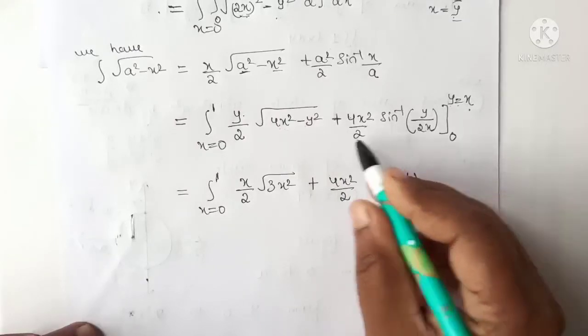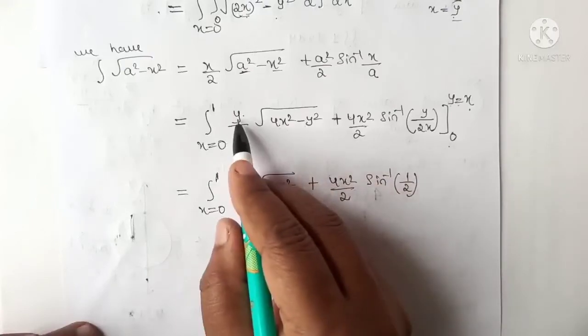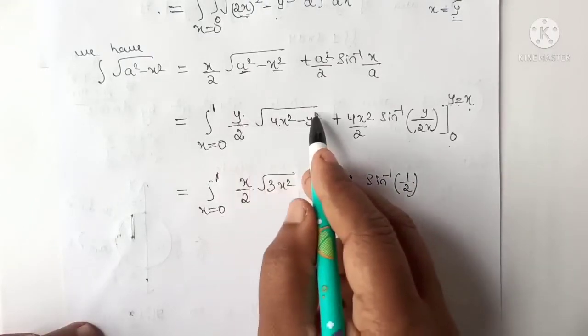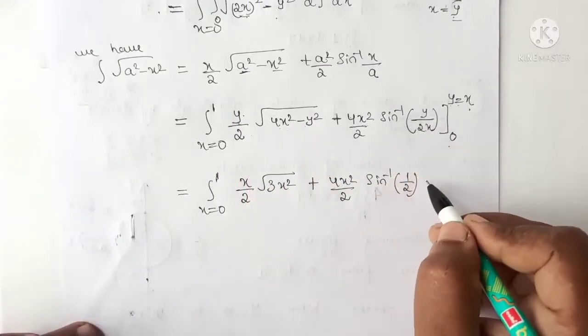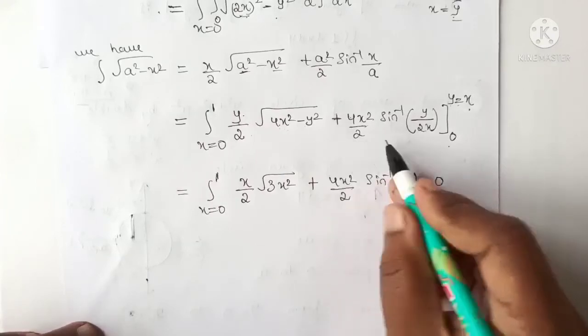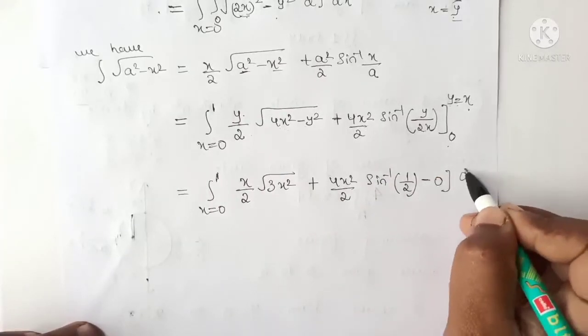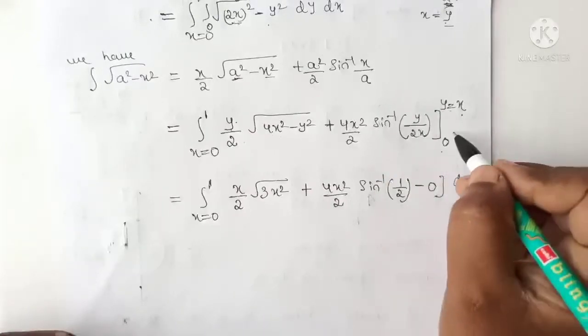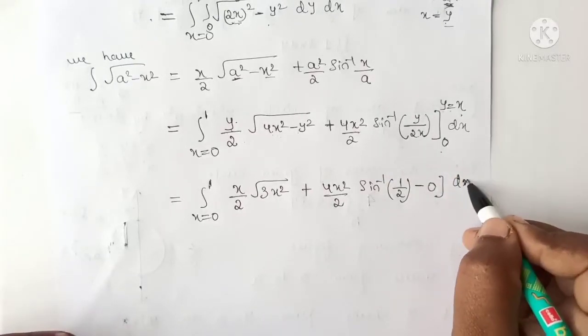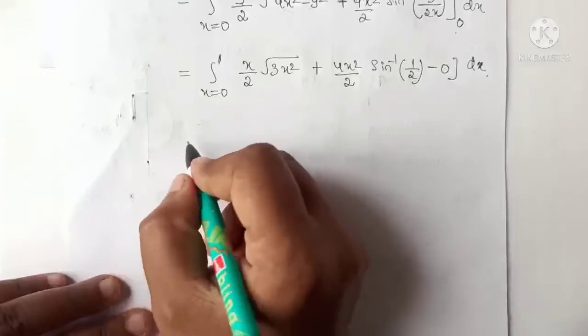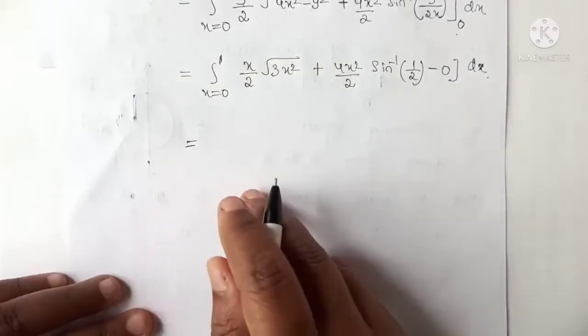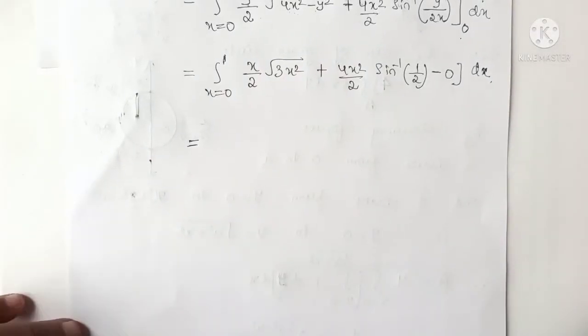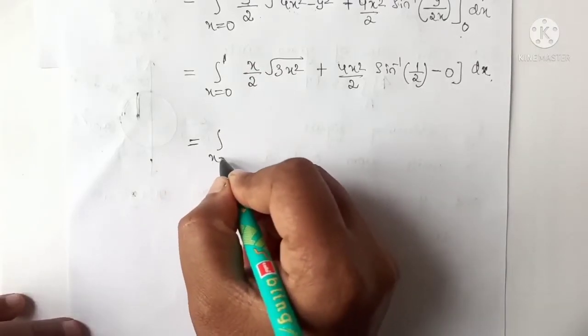Now substituting the lower limit x equals 0, that is y equals 0, this term becomes 0, and sine inverse of 0 equals 0. For the lower limit both terms become 0, into dx. Now further simplifying this one, we get the integral x equals 0 to 1.